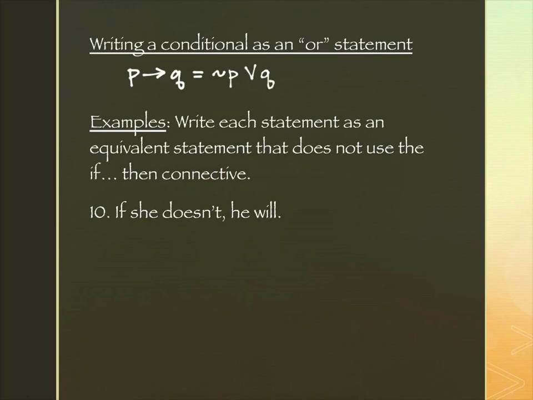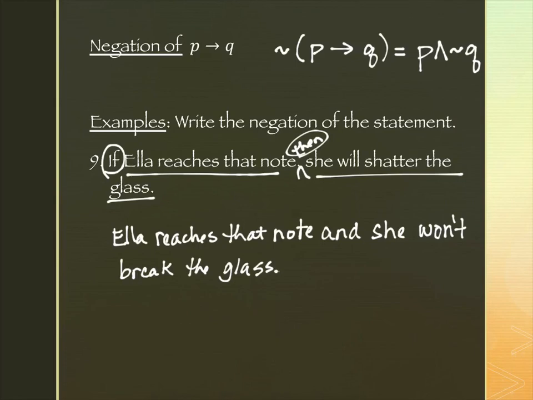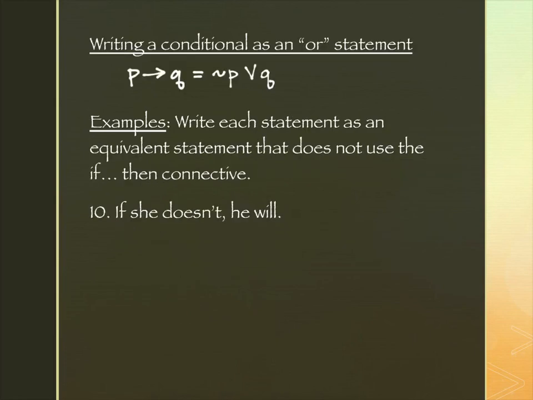If I were working on this with Ella, what I would say is that Ella does not reach that note, right? She does not. That's the tilde part. Or she does shatter the glass, right? That's what it would look like if I were using that example.